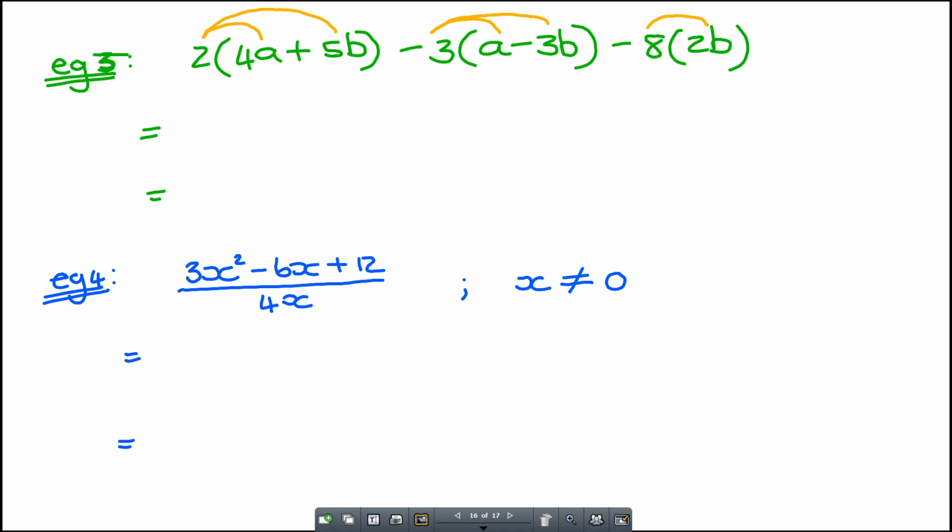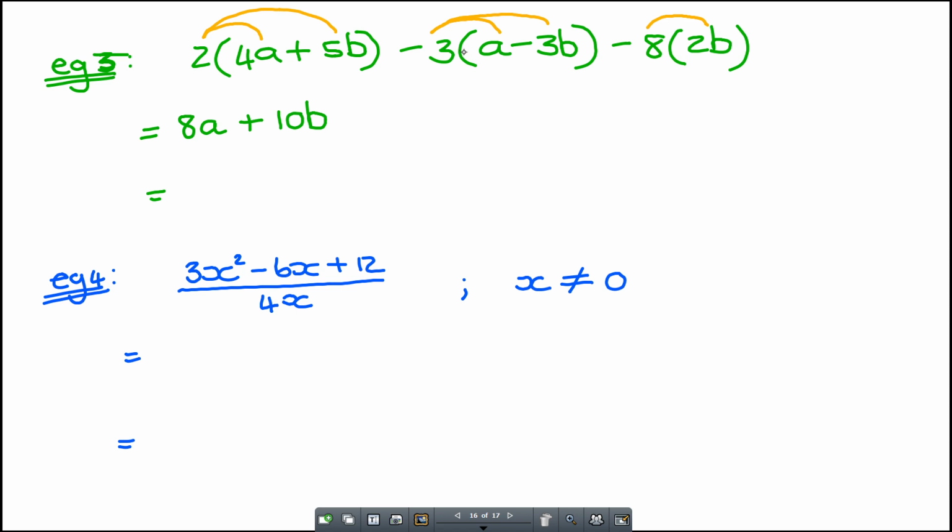Right, so the answer is fine. So 2 times 4a will give me 8a. Okay, 8a. 2 times 5b will give me 10b.